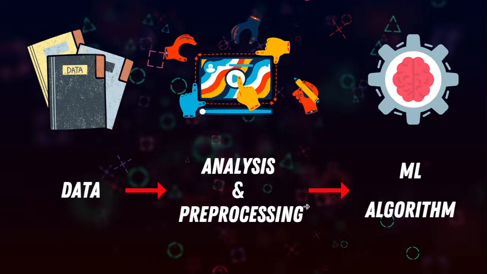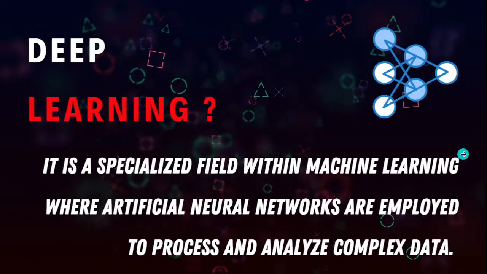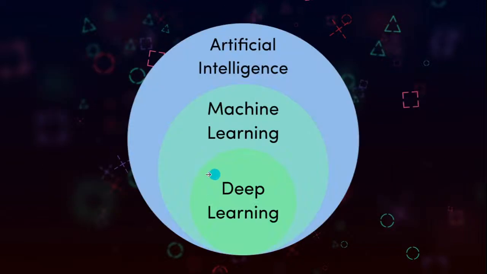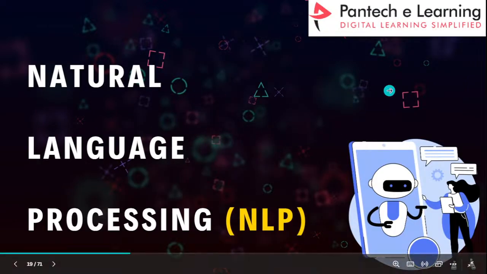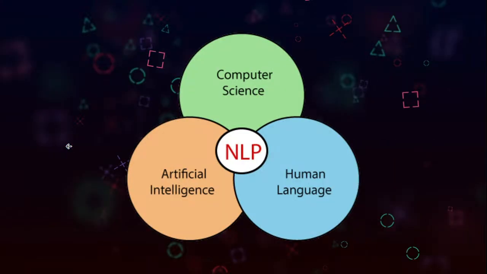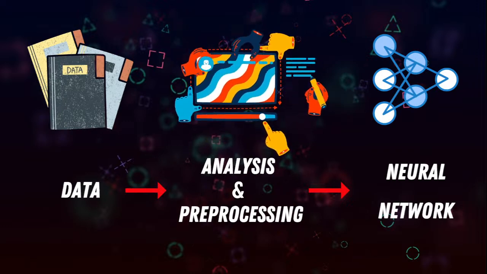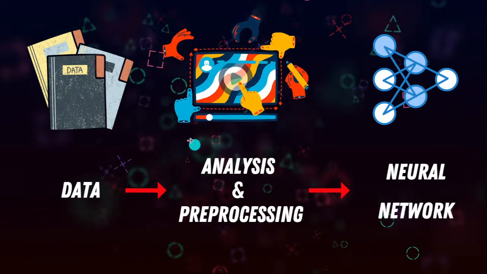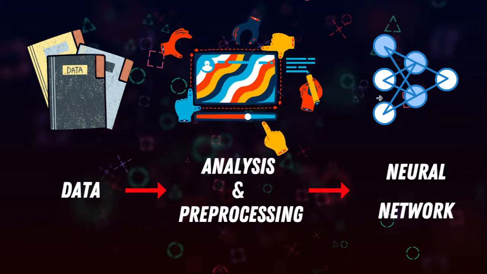Statistics means it's a part of maths, and it should be numbers. So what if my data is in the format of an image, or in the format of text, as in NLP, natural language processing? If your data is in the format of text, you have to find a way to convert your text into numbers. That will be done in pre-processing, and then you give it to your neural network or your algorithm.